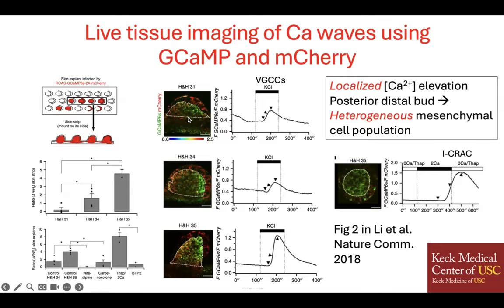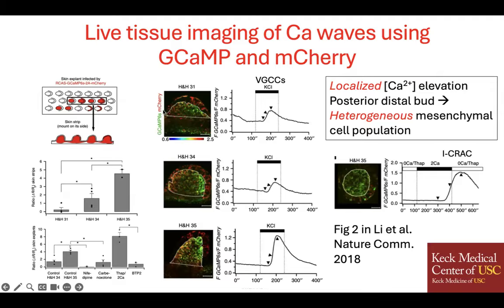If they contain voltage-gated calcium channels, then we should see a rise in intracellular calcium as calcium goes through voltage-gated calcium channels. And what's interesting in the image of these cells while they're being stimulated is that the green is not present equally everywhere. Instead, we see regional elevations.